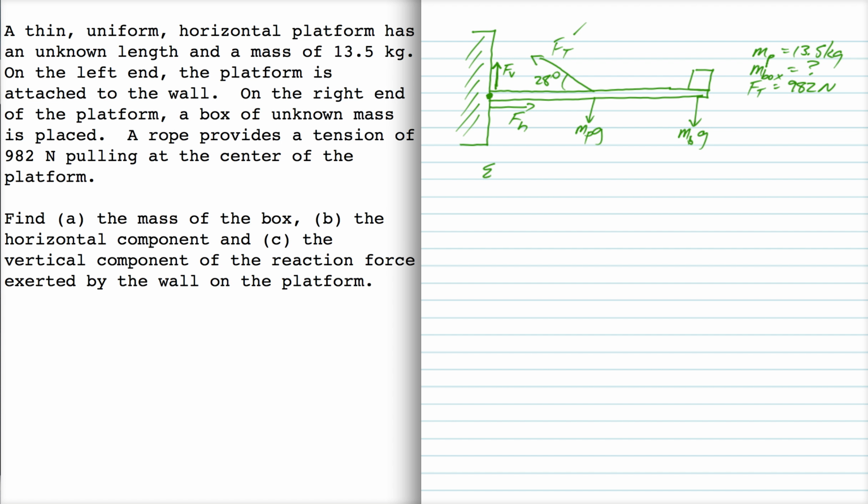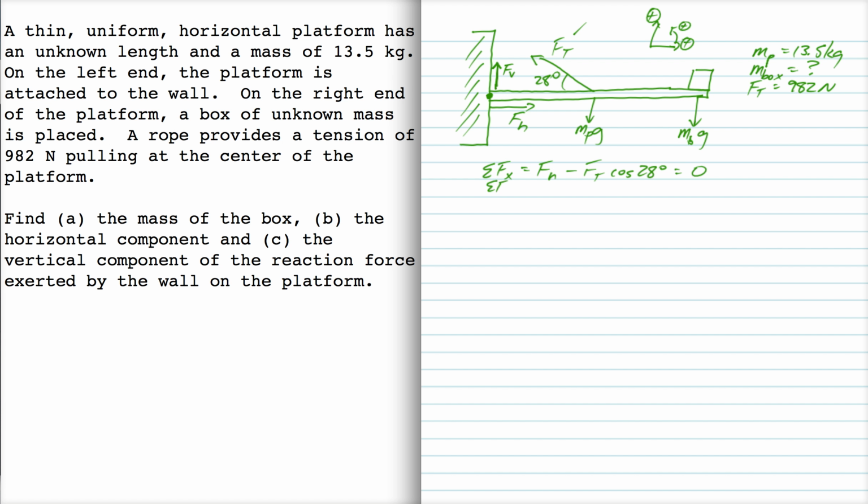So, static equilibrium tells me that I sum all my x forces. My sign convention, I guess I need to put in here: that's positive, and of course counterclockwise is positive. So FH is positive, and the only other force that has an x component is Ft cosine 28. The x components sum to 0.